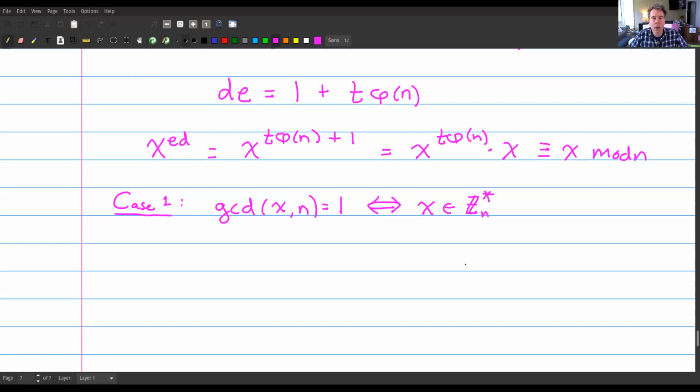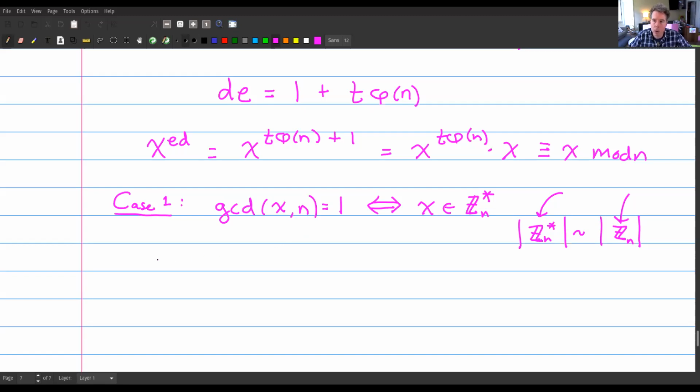If you pick x at random, this is the case you're almost certainly going to be in, because Zn star is just about as big as Zn. So these things are approximately equal size. If you pick a random element of Zn, it's almost certainly also a member of Zn star, but not necessarily.